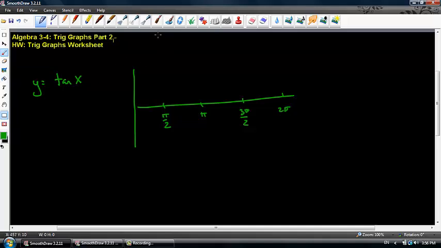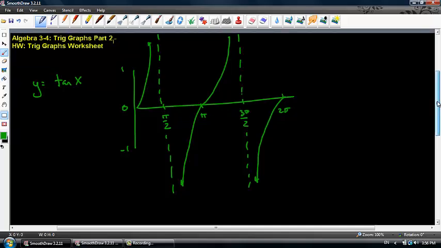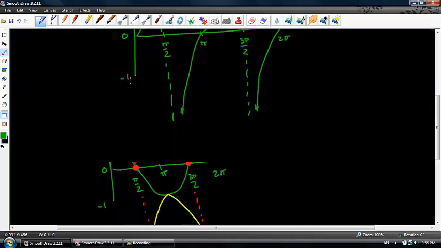Okay, so if you remember anything from tangent, tangent had asymptotes occurring at pi over 2 and 3 pi over 2, and it looked like this, like a cubic function. Okay, or this is 0, 1, and -1. Okay, so tangent versus cotangent. Let's take a look. Let me delete some of this garbage down here.